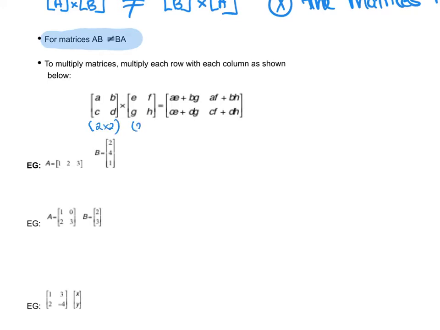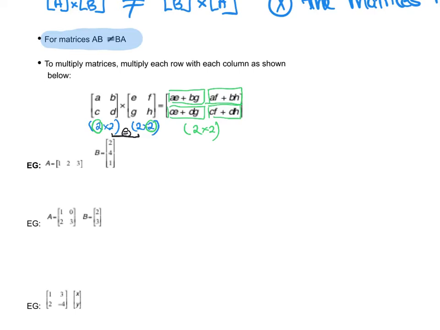And this one is a 2 by 2, good. So yes, it's defined, so I can do it. And isn't the order going to be a 2 by 2? So you can see what I'm going to do is create this 2 by 2. What I often do is sketch out a matrix and put the 4 boxes, because that's where those 4 elements are going to go, because it's a 2 by 2. Does that make sense? It would have 2 rows and 2 columns.